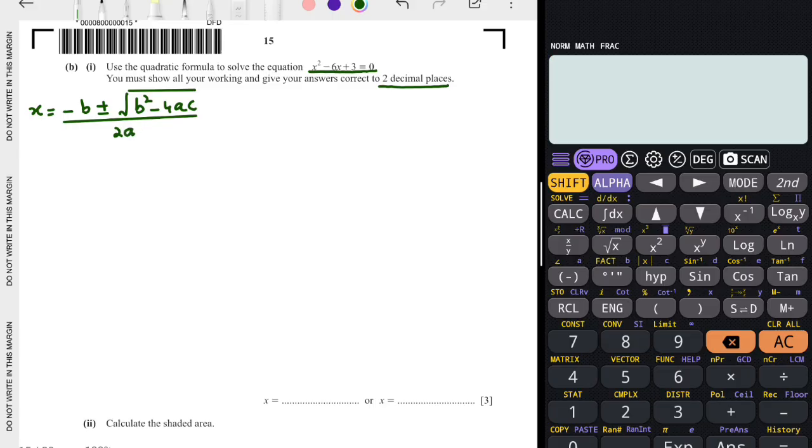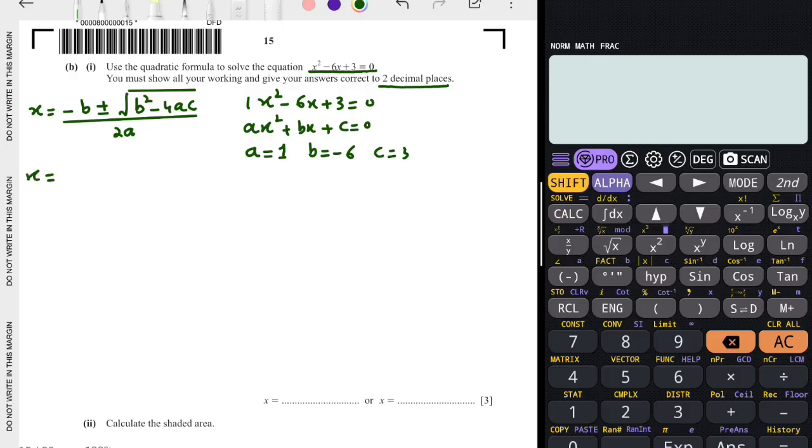From the quadratic equation we are going to take values of a, b and c. We know that the original quadratic equation is ax square plus bx plus c is equal to 0. So the value of a is 1, the value of b is minus 6, and the value of c is 3. So we will substitute these values in the formula.